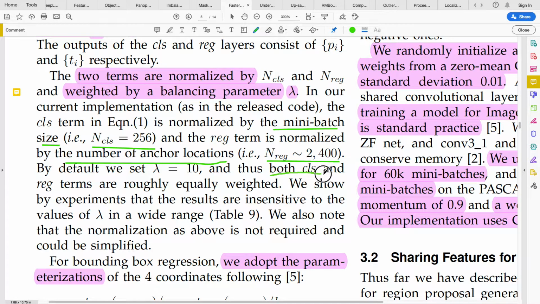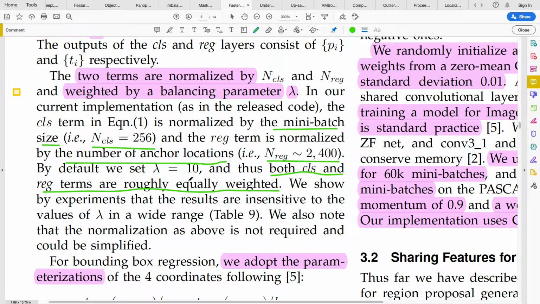So it's just the normal thing that you see, like doing some kind of regularization to make sure that the numbers in each of those two loss functions are roughly the same. You don't want one side of the loss containing very high numbers and the other side containing very small numbers.